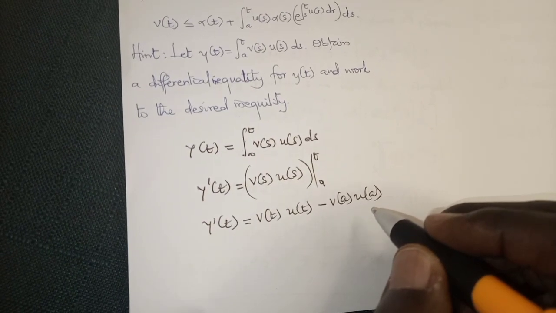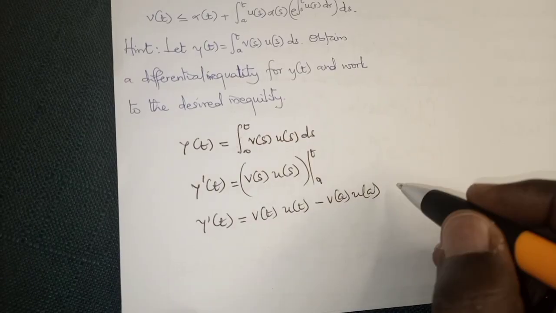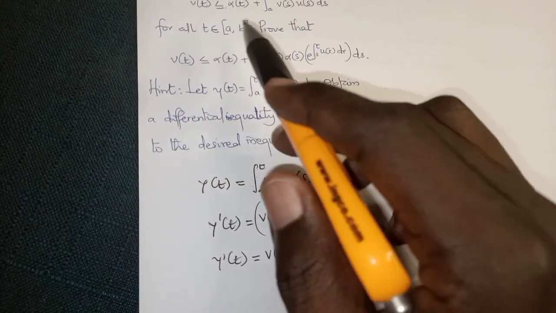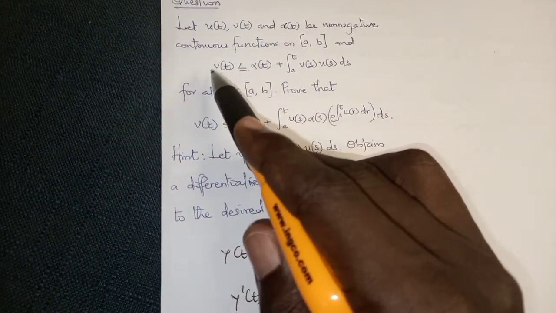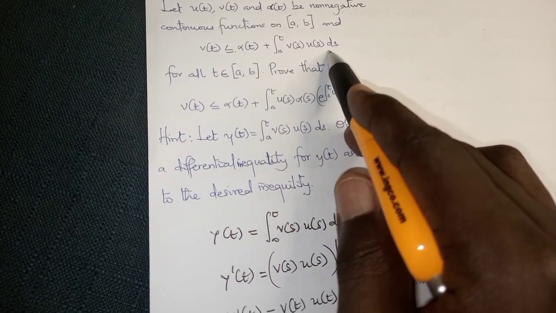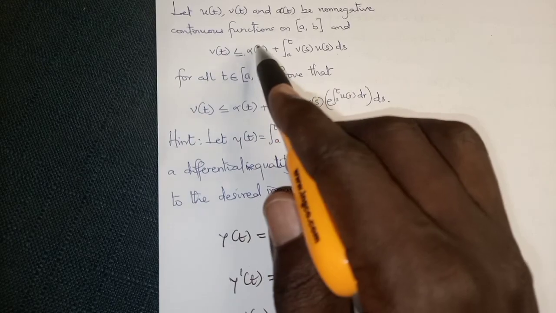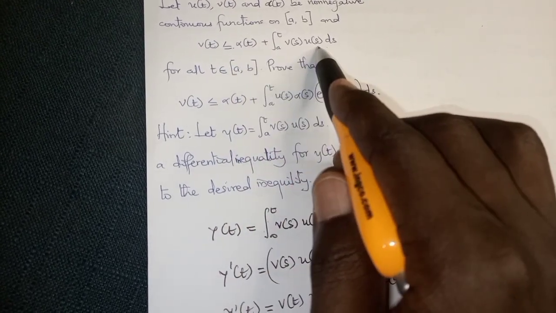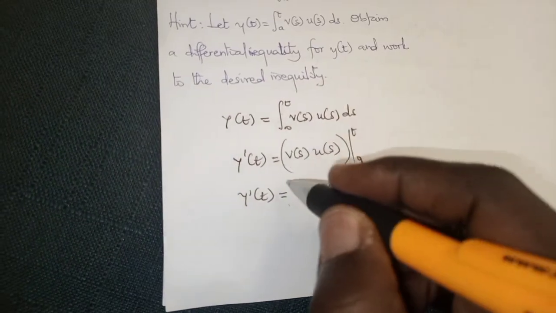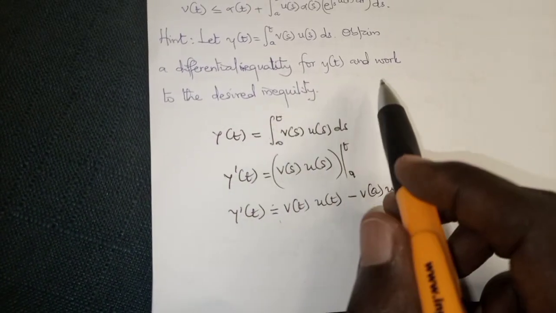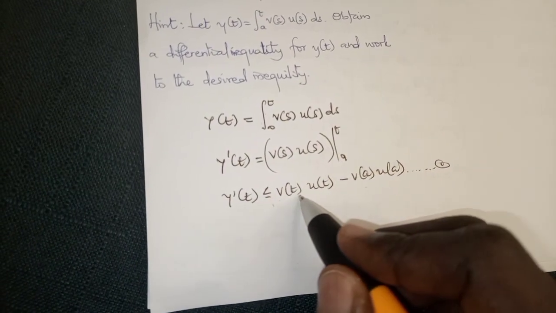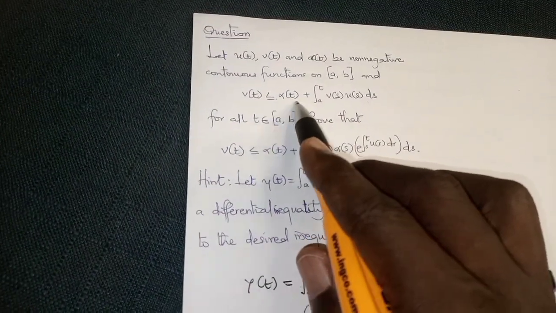With this, we could name this as our equation 1. Then from the condition given here, we already have v of t to be equal to this expression. So we can substitute the v of t equals to this. Let's first make this an inequality, because the hint says obtain a differential inequality. Then for the v of t, we substitute the integral expression.